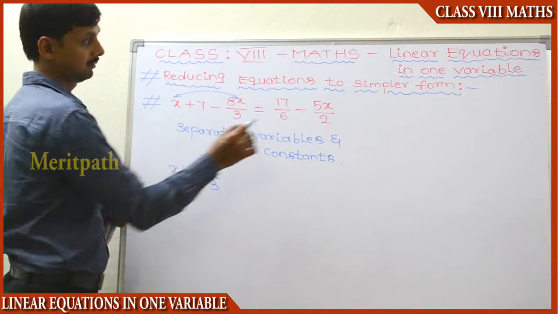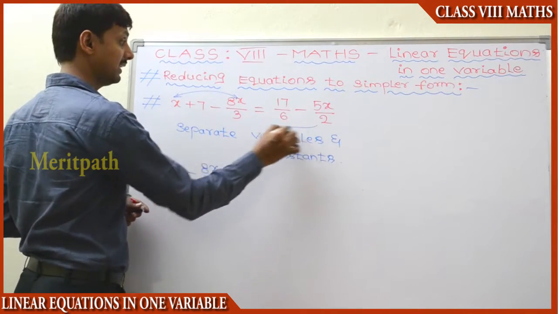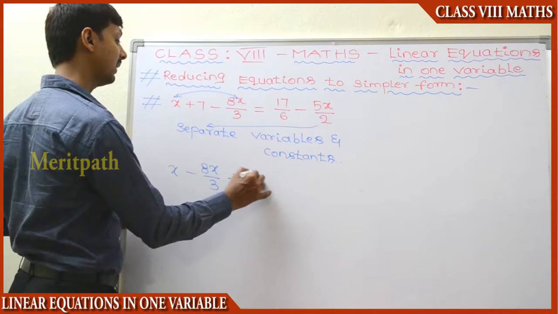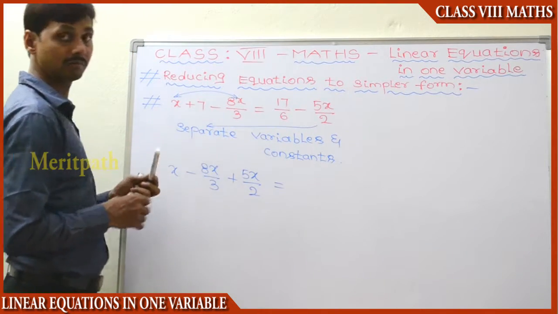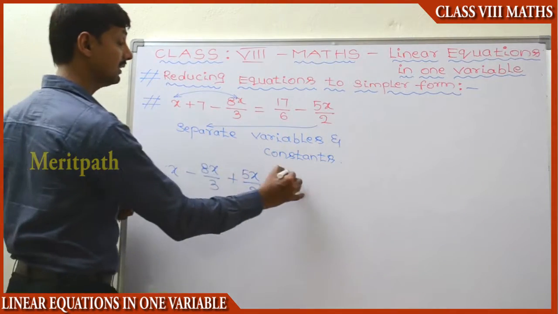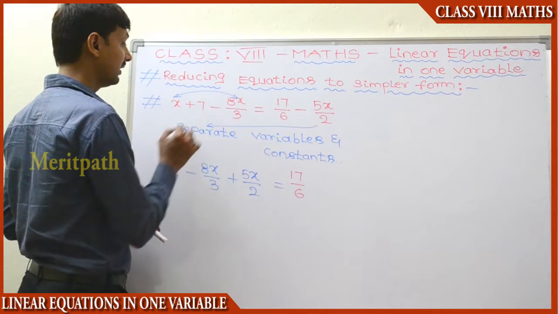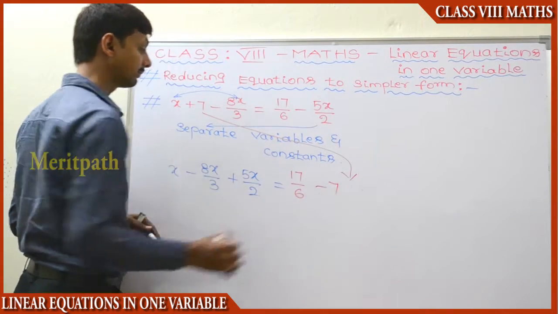Here there is minus 5x by 2. Let's take it to the left hand side. It becomes 5x by 2 is equals to, on the right hand side we have 17 by 6, and when we take this 7 to the right hand side it becomes minus 7.